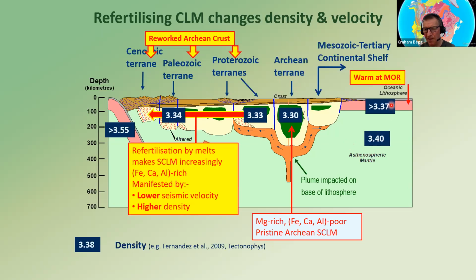However, oceanic plate, when it's first formed at a mid-ocean ridge, is relatively iron-rich lithosphere. But because it's warm, it's relatively buoyant compared to the asthenosphere at first. But when it moves away from the ridge and cools down, it can become extremely negatively buoyant.